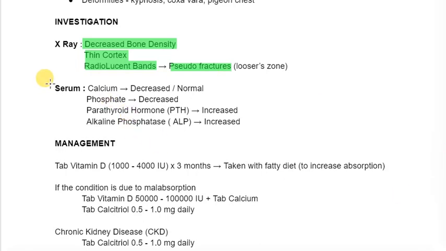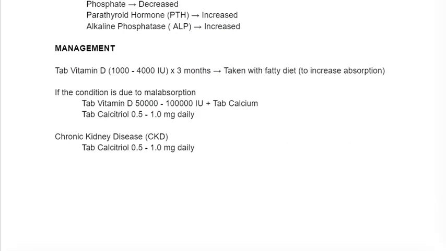For serum, the blood investigations will be the same as in kids. The calcium will be decreased or normal, phosphate will be decreased, parathyroid hormone will be increased, and alkaline phosphatase will be increased as well.